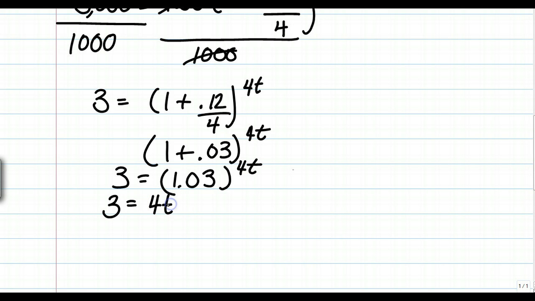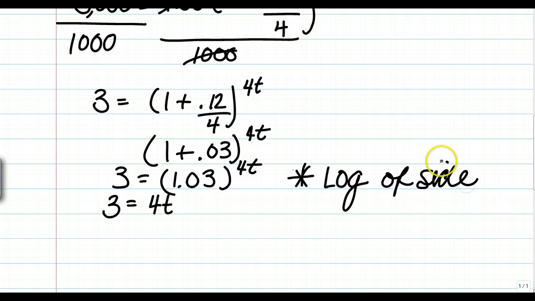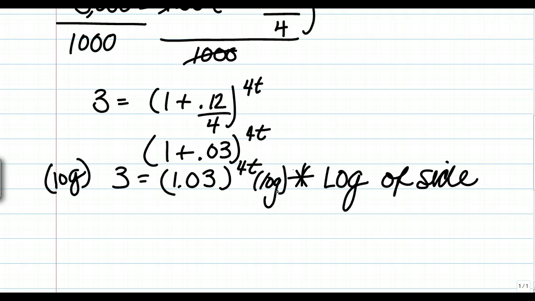And remember, what you're doing, and I should probably explain this a little better, is that you're taking the log of both sides, because we're going to try to solve this. So I think it'd be easier if you see it like this. I'm going to take the log here and the log here of both sides.